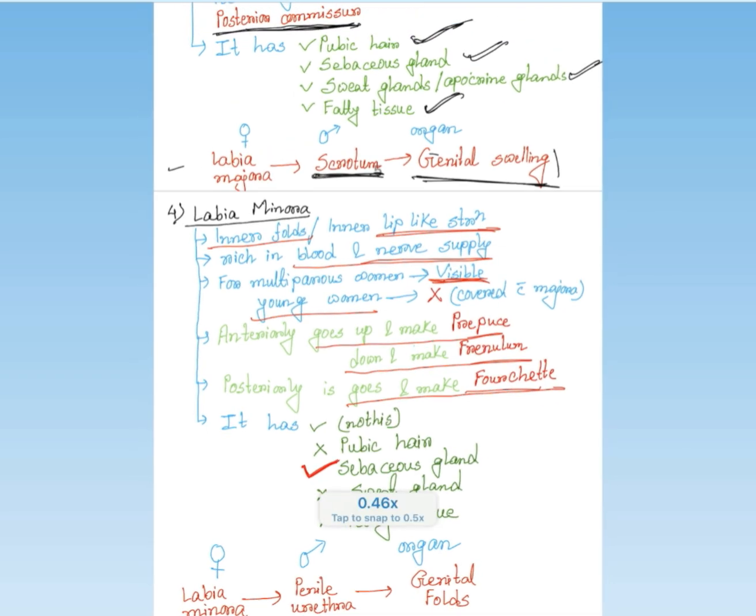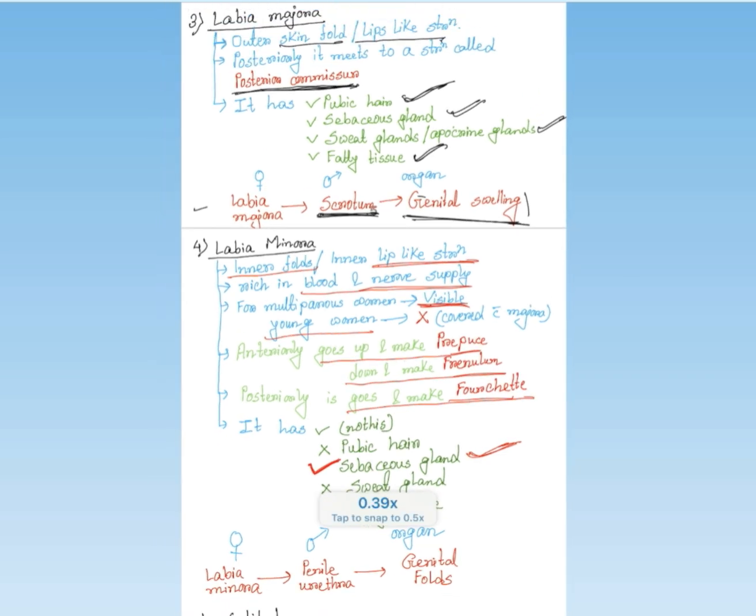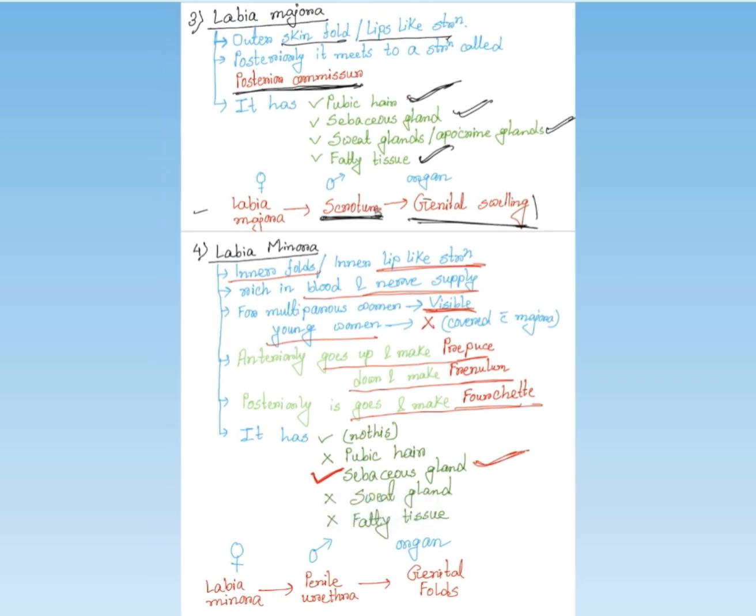So what all is present in the labia minora? Nothing is present except sebaceous glands. If you compare with the labia majora, pubic hair is present in the labia majora, but no pubic hair is present here. Sebaceous glands are present in both. Sweat glands or apocrine glands are present in the labia majora, but not in the labia minora. Is fatty tissue present in the labia minora? No, but it is present in the labia majora.